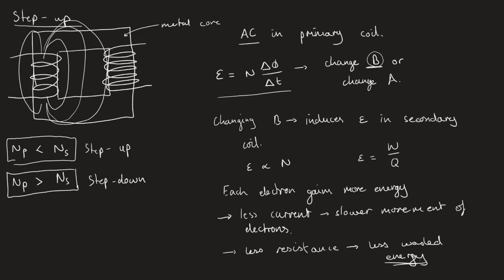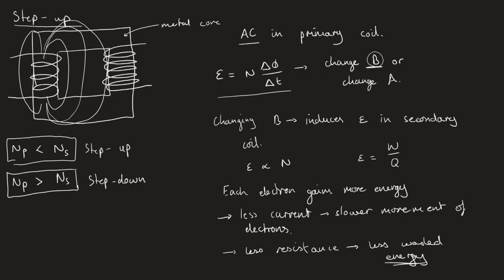Okay, and you can look back at the resistivity equation and look at the proportionalities between the resistance and the length of the wire. As the length increases, the resistance increases. So what we would be expecting is that we would just waste all of the energy in the transmission from one position to the other. The reason step-up transformers are so good is because they allow us to conserve that amount of energy and maintain these being the most efficient that they possibly could be.